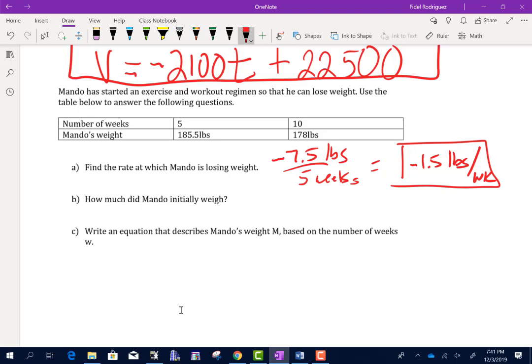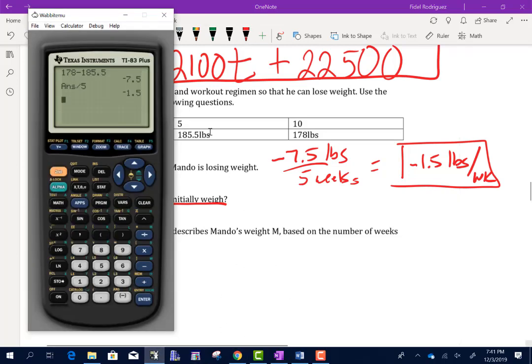Okay, so let's see if we can figure this out. Now the next question says, how much did Mondo initially weigh? Anybody have an idea how we could figure this out? How much did he weigh before he started this? Okay, so we're going to add a pound and a half for each week. So wouldn't we take a pound and a half times 5?